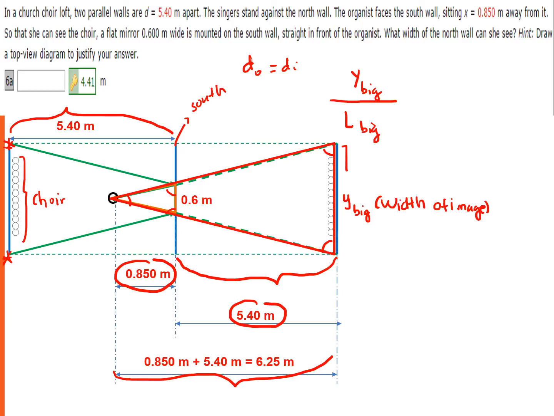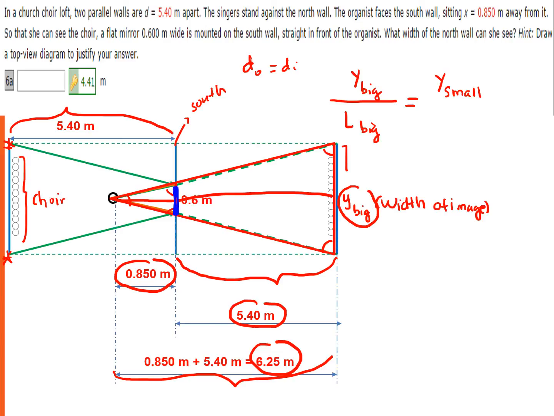And what would that be? The L big, or the length of the bigger triangle, which is this, is just equal to 6.25 meters. That would be equal to y small, the corresponding side of y big. So if this is our y big here, the corresponding side would be this. Let me highlight it with a different color. So this is our y small over there.